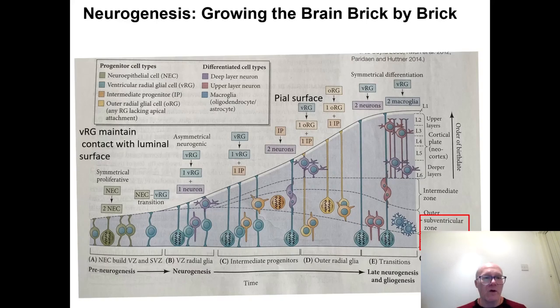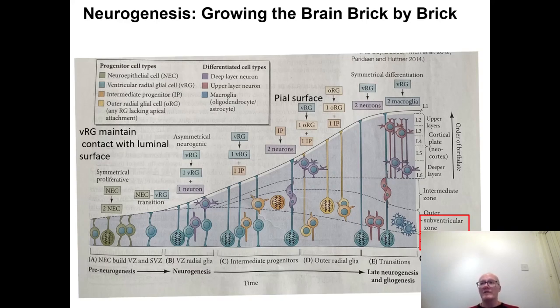So the other two kinds of glial cells are the intermediate progenitor cells that you can see here. These cells are produced directly from the ventricular radial glial cells, and these intermediate progenitor cells do not have much ability to divide.